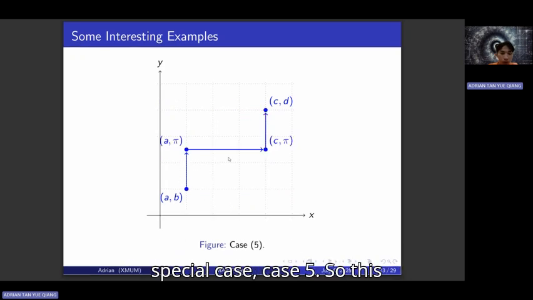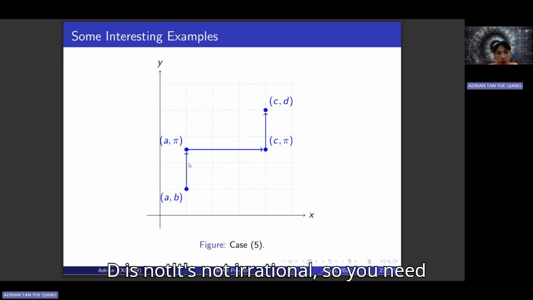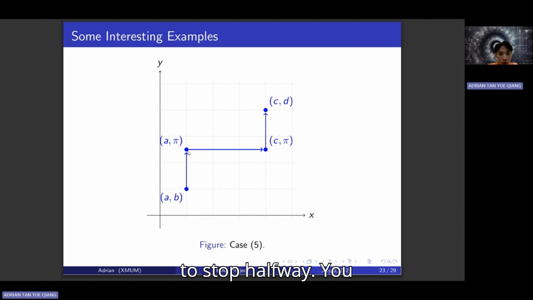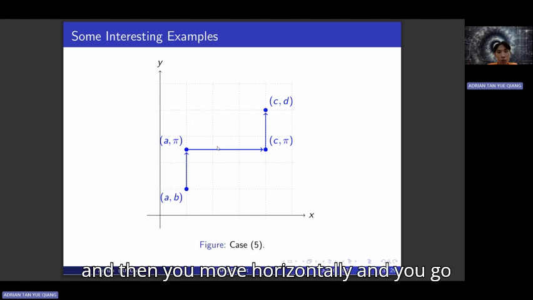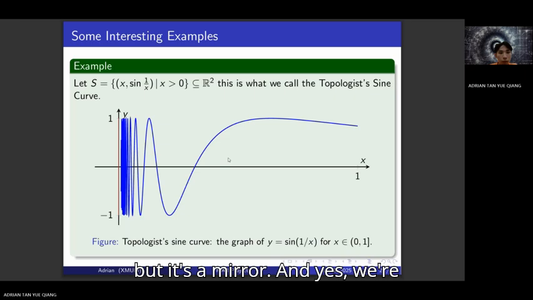And this is a special case, case five. This is a case where you want to go from (a,b) to (c,d), but d is not irrational, so you need to stop halfway. You stop at an irrational y, then you move horizontally and go up again. The symmetric case is the same thing, but a mirror.